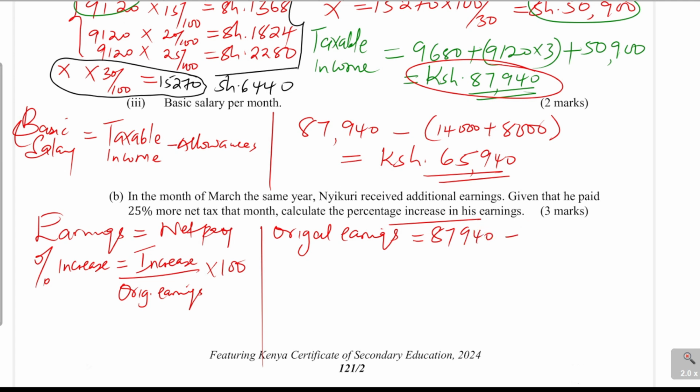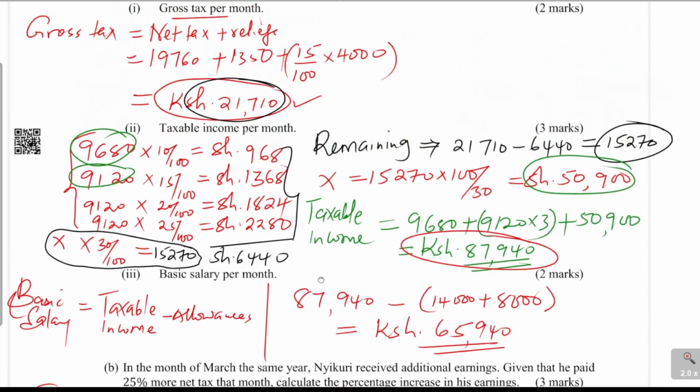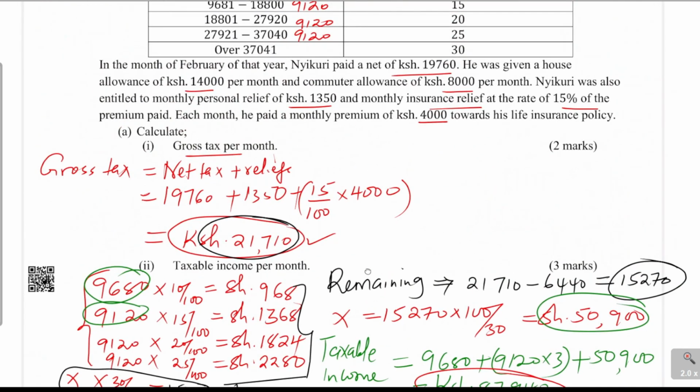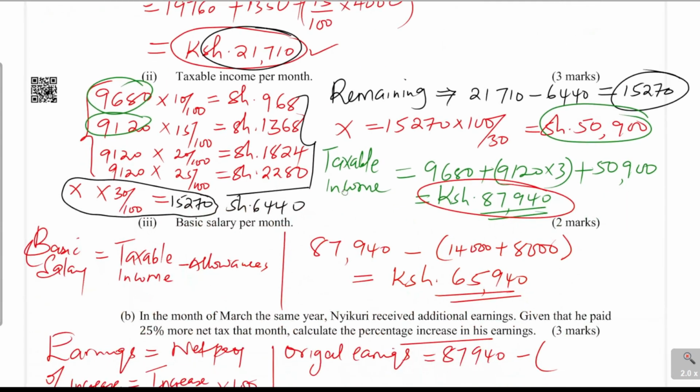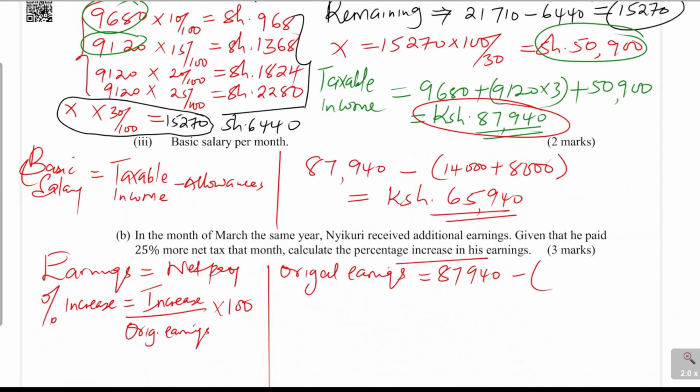And then we subtract all the deductions. That is how we get the net pay or the original earnings. The first deduction, of course, is the net tax of 19,760.